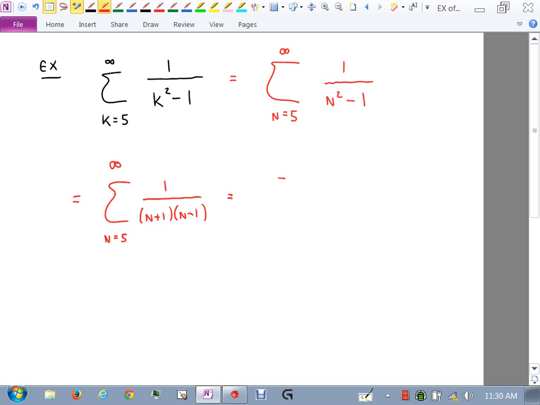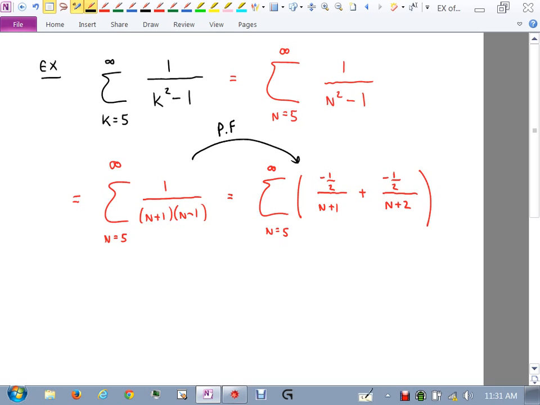And so this becomes the sum n equals 5 to infinity of, in that partial fraction, you get negative 1/2 for each one, for A and B. So this becomes negative 1/2 over n plus 1 plus negative 1/2 over n plus 2. So from here to here, I'm just going to put PF for partial fractions.